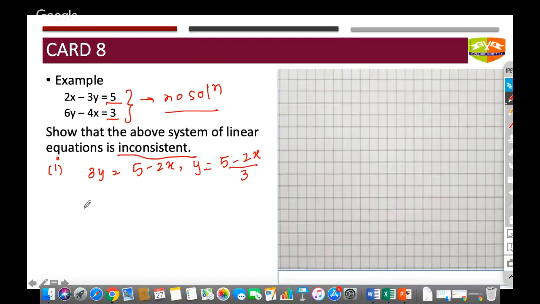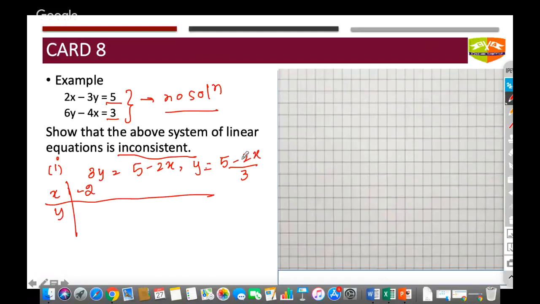Now I take x and corresponding values of y. I take x is equal to minus 2.